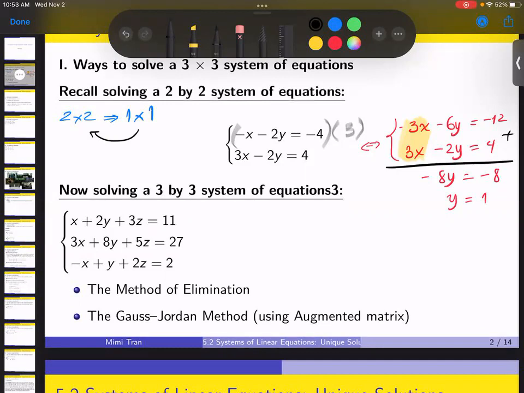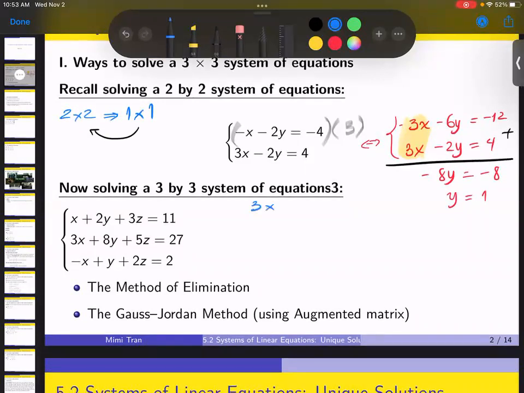Same thing if I give you a 3 by 3, you do the same thing, right? You start out with 3 by 3. I'm not gonna solve for this one. Maybe next time, or maybe next slide. And then during the process, you eliminate a variable, right? So you pick one, doesn't matter, x, y, z, pick your favorite letter. Eliminate the first variable.